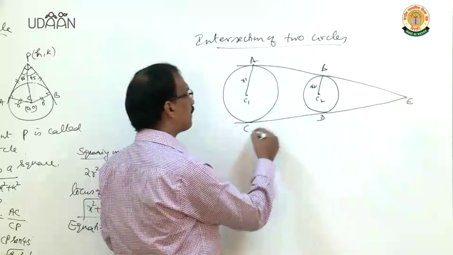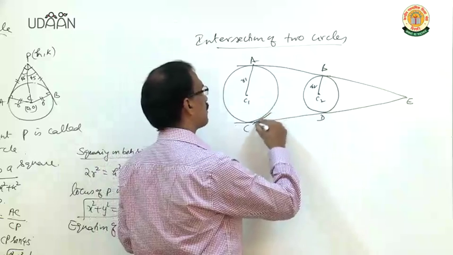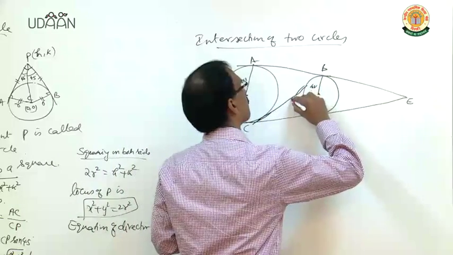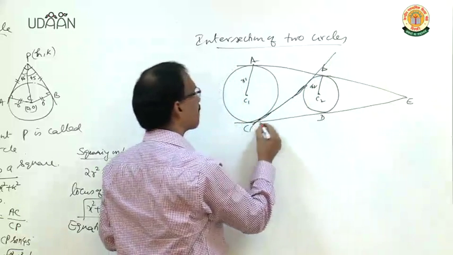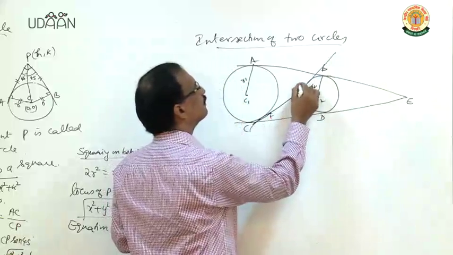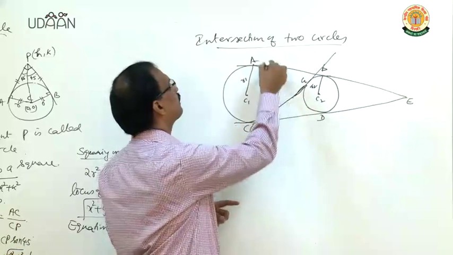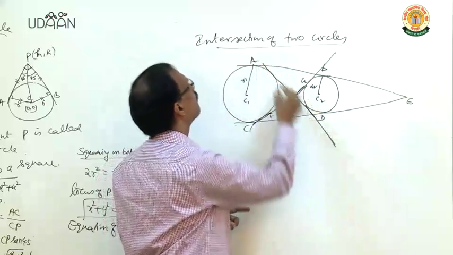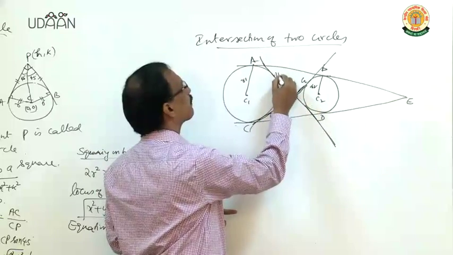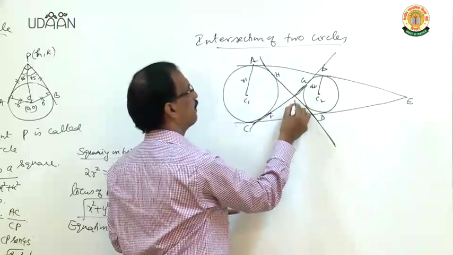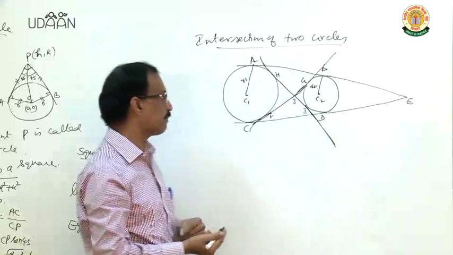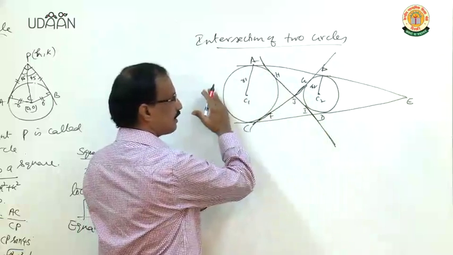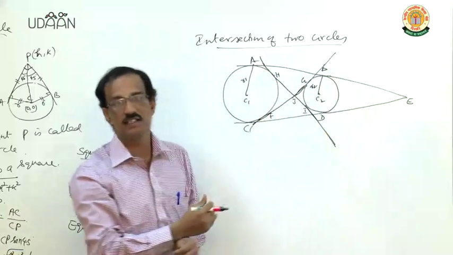Then there is another possibility. If you draw F, G and another H, I, they intersect at J. Now you see in H, I, one circle is on one side and the other circle is on the other side.